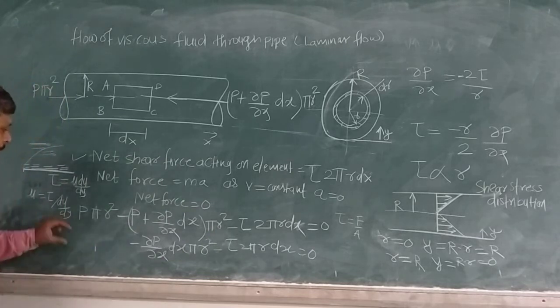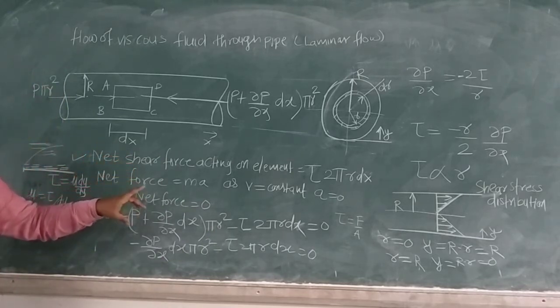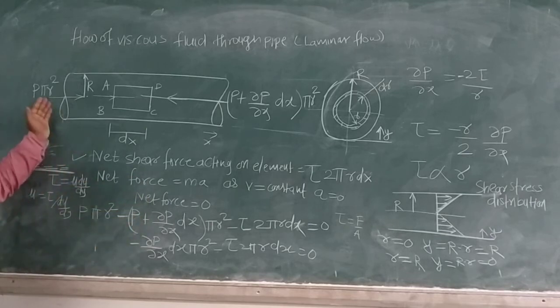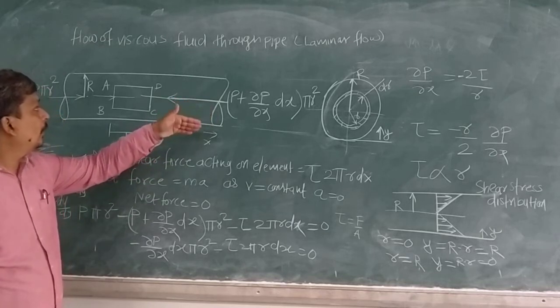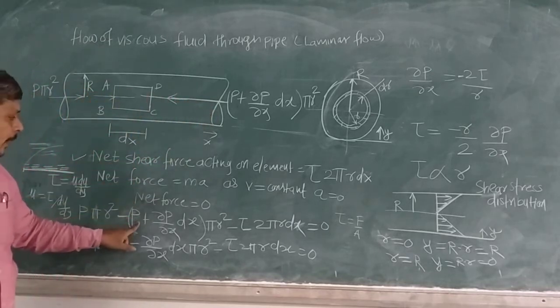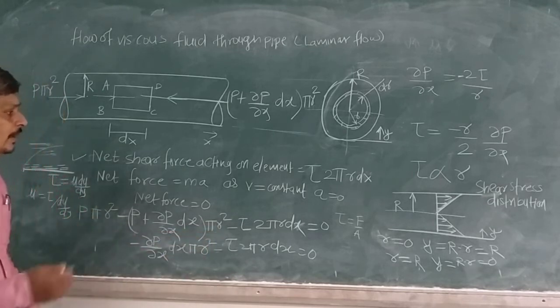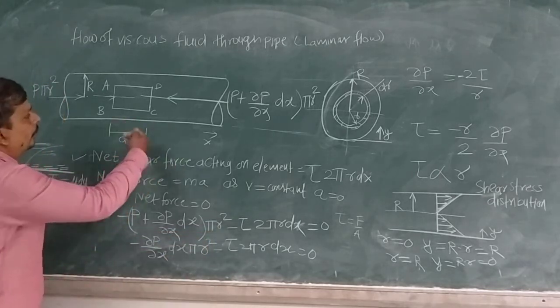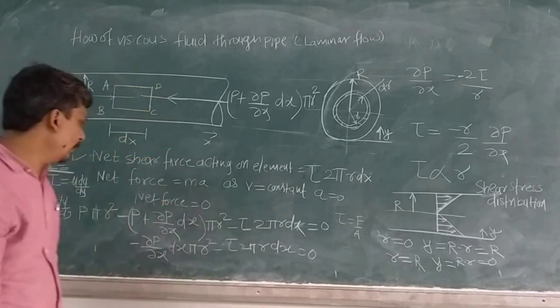So putting in the values along the x direction, the positive force is P pi r square. Opposite to that, in the negative x direction, is P plus delta P by delta x dx, into pi r square. And shear stress is resisting the flow: tau 2 pi r dx equals 0.